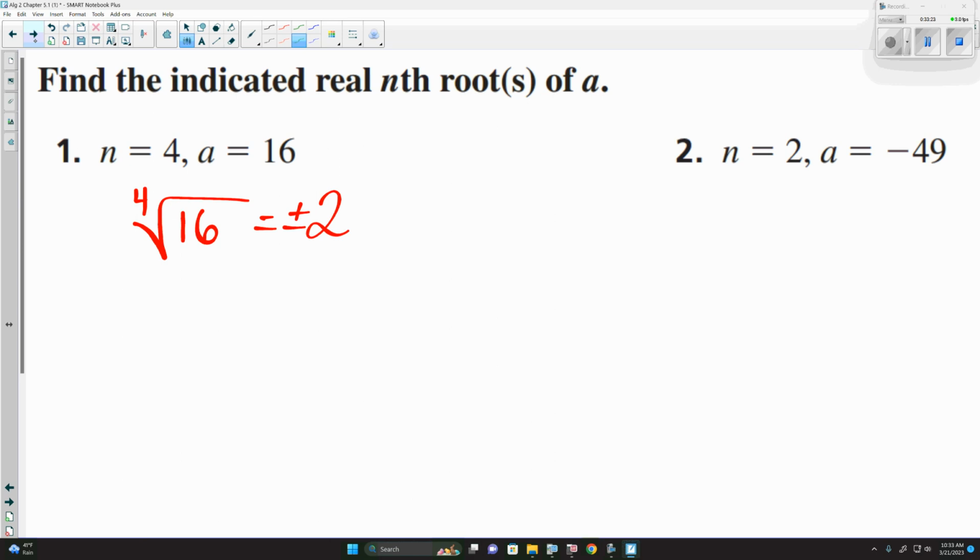So number 2. Our n is 2. We don't necessarily have to write it in because it's understood. And the number inside this time will be? When we put the 2 in, they cancel each other out.